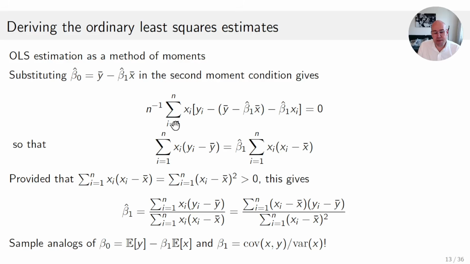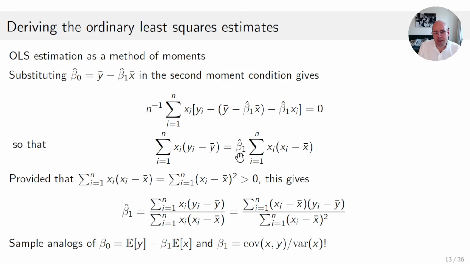And then I bring some things to the other side of this equation. So what stays is the xi times yi part and the xi times minus y bar part. So this is all this here. And what goes to the other side is everything that is multiplied with beta 1 hat. So that would be xi times minus, and then again minus beta 1 hat x bar.